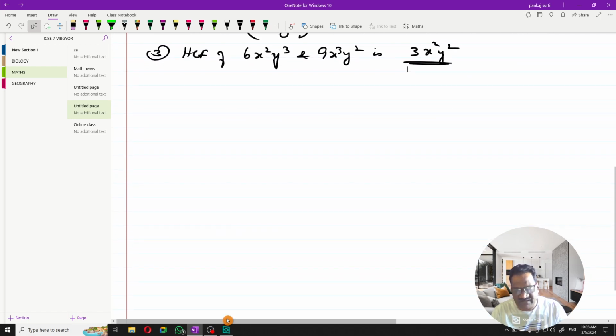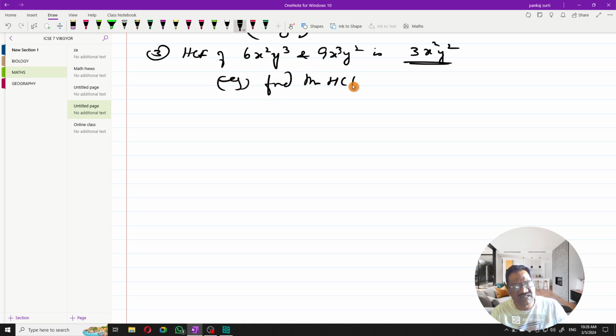Now this should help you in understanding factorization. Let us try one more, so that you get a proper hold of this concept. My second example is: find the HCF of, this time I am going to give you three monomials.